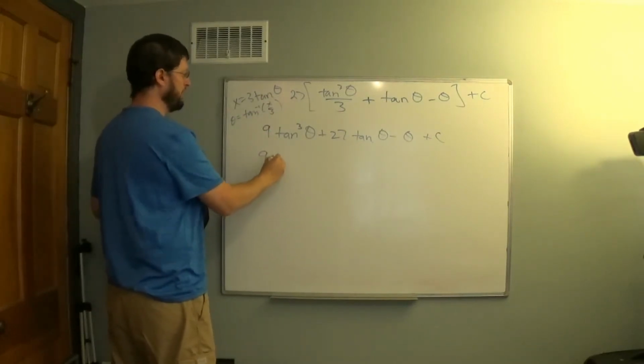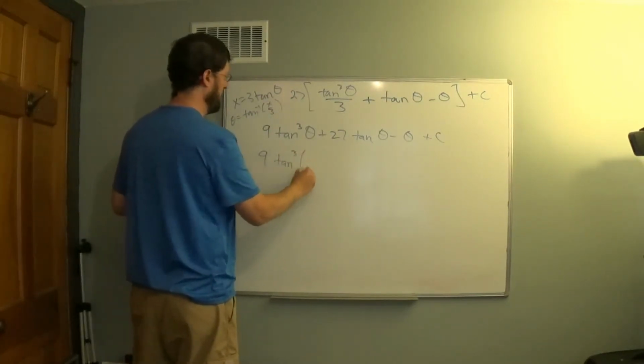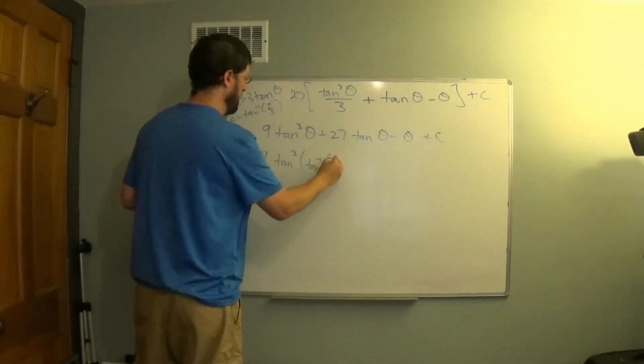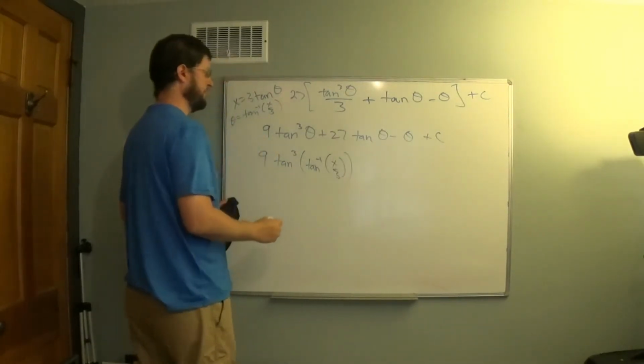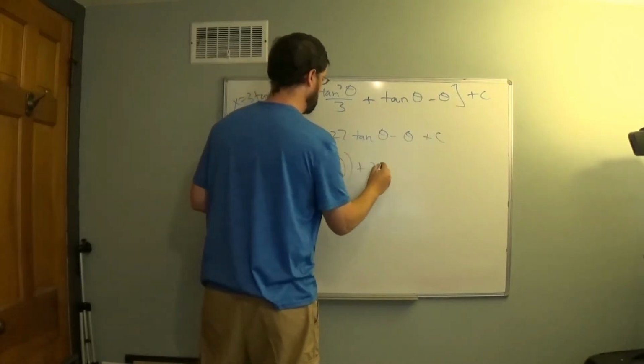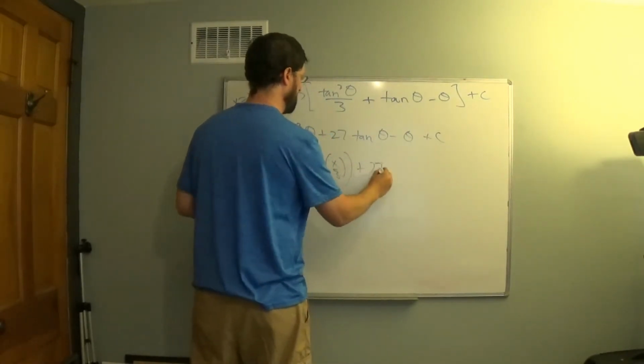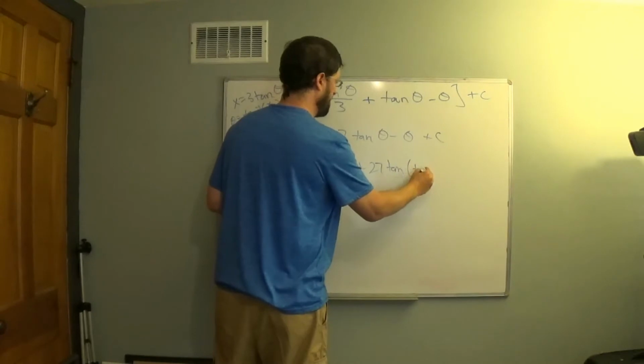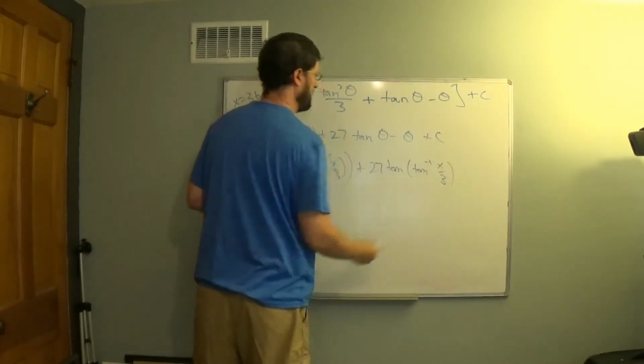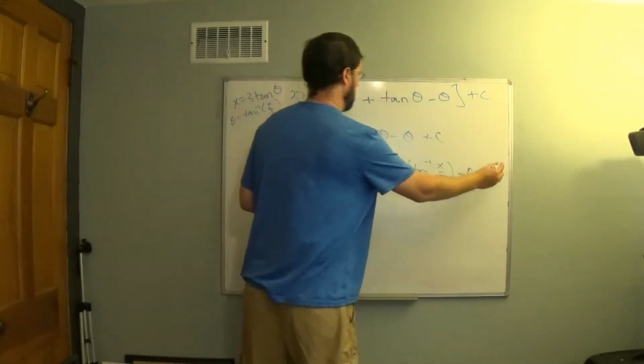So that's 9 tangent cubed of tan inverse x over 3 plus 27 tangent of tan inverse x over 3 minus theta plus c.